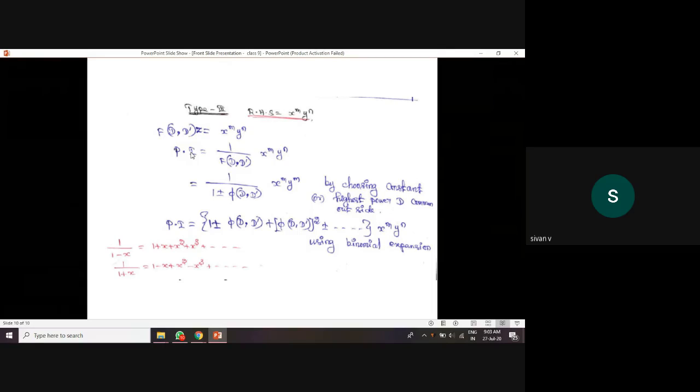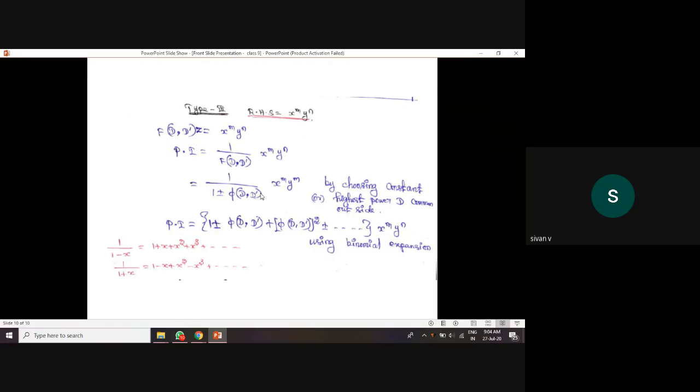For the particular integral, it is 1/f(D, D′) of x^m y^n. The denominator function, students, you can remember, is rearranged and written in the form of either 1 plus x or 1 minus x. Two ways you can choose: take the constant term outside, or take the higher power of D outside.